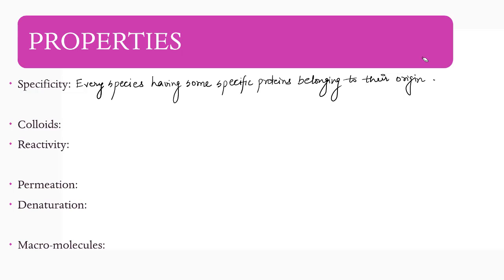So there are some specific proteins which belong to a particular origin of a particular species. They are not present in the others. So closely related species have some common proteins. That is why they share similar characteristics.